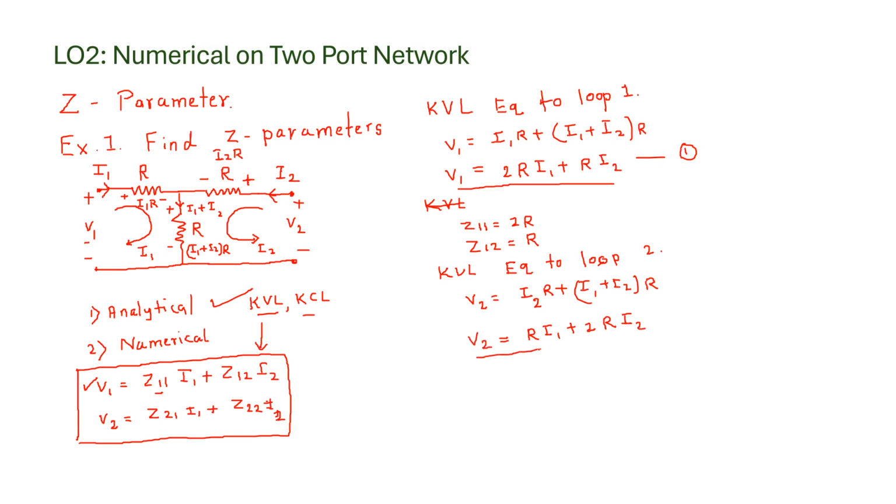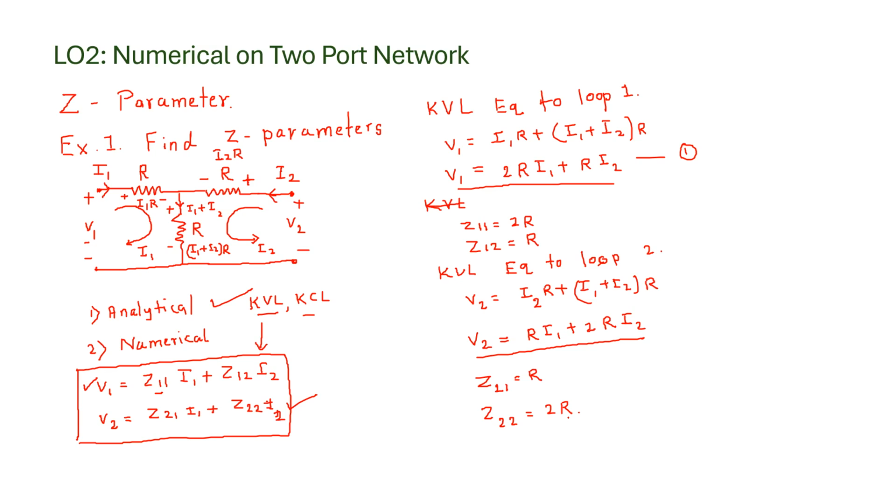Now if you compare this equation with our second standard equation, then we get Z21 equal to R and Z22 equal to 2R.